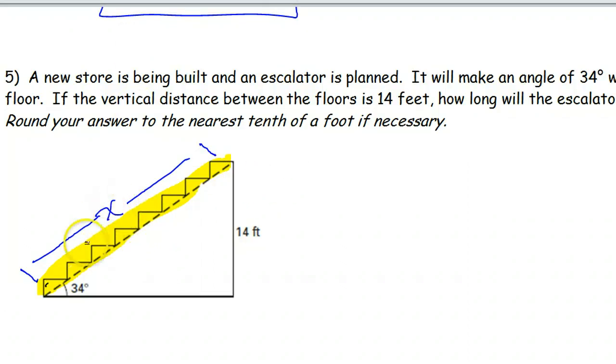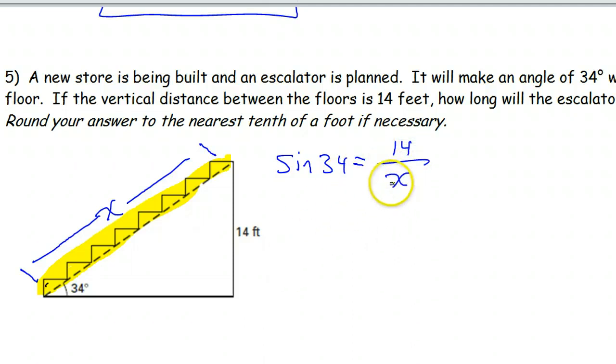Anyway, if I want to find the length of the escalator, which trig function am I going to use? Well, this is opposite from the 34, and this is hypotenuse. That is the sine function. So I will say sine 34 is equal to opposite over hypotenuse.